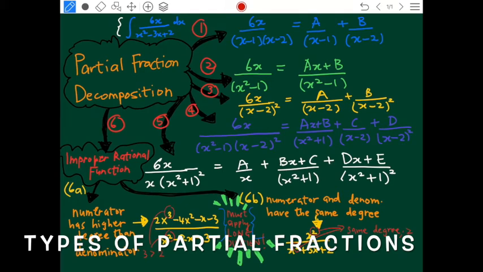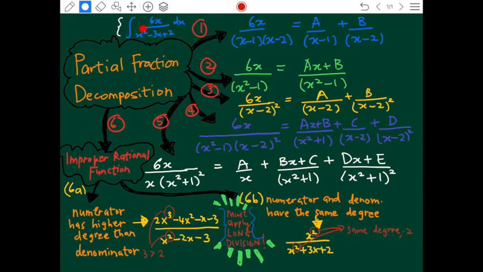So for example, you are being asked to integrate 6x over x squared minus 3x plus 2 dx. So how are you going to do this? The integration process is not like the previous one you have learned before.